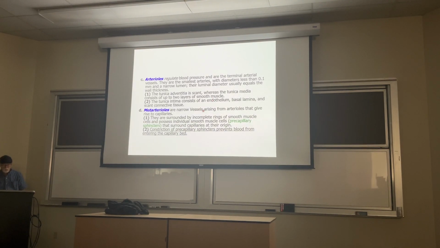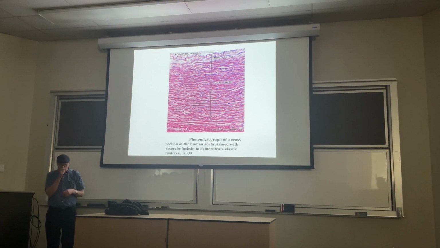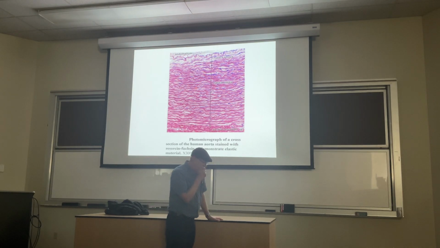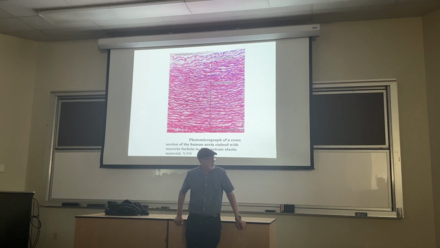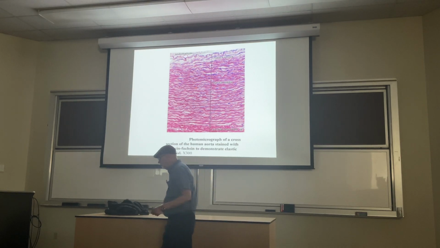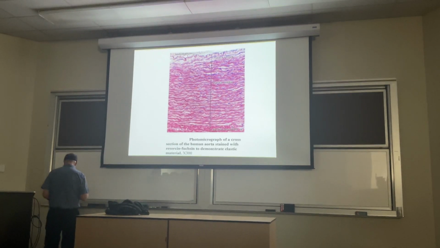When you go into capillaries, they only have an endothelium. It has a single cell layer. And that's it. There's no smooth muscle. There's nothing else. So, in other words, the wall gets smaller and smaller as you're going down.